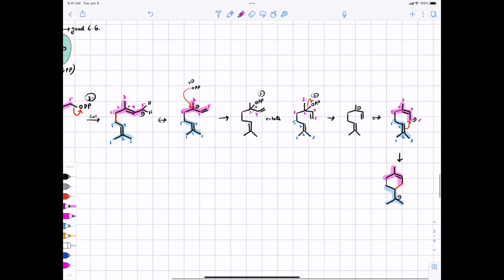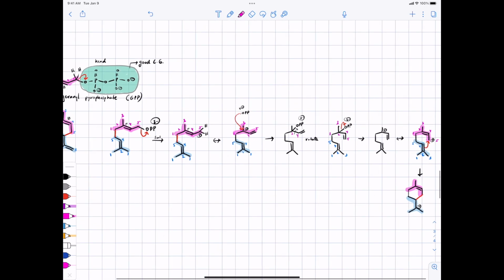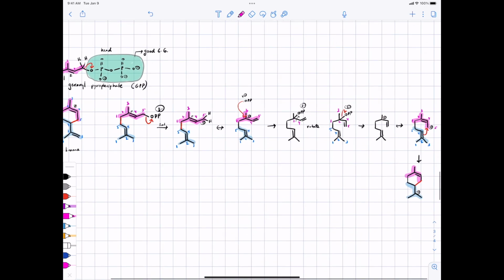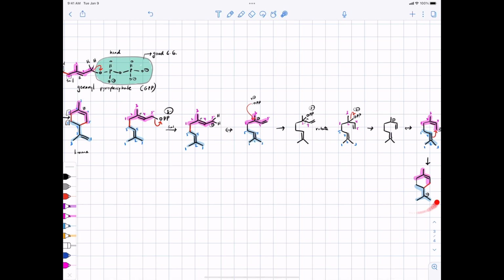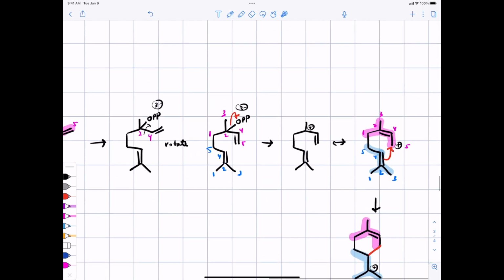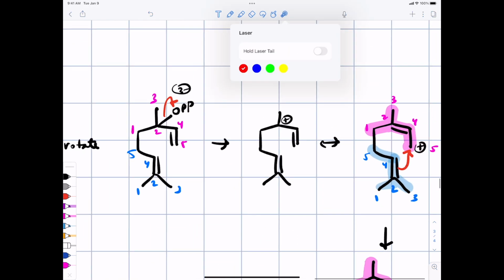Now, compare where we are now to where we need to be with limonene. How do I get from here to the limonene product? Go ahead. So is the only reason that double bond doesn't attack the carbocation is because it's too far? That's right. Why doesn't the double bond attack on the tertiary carbon?